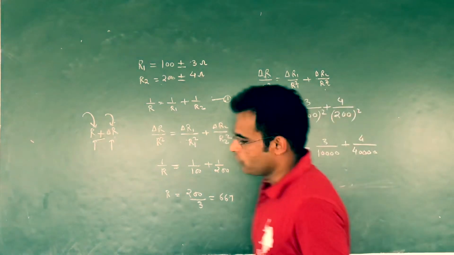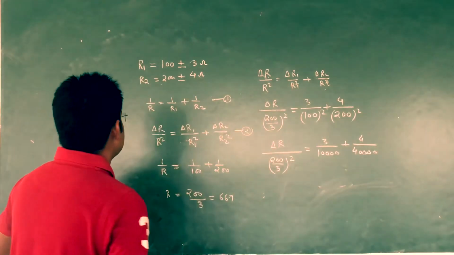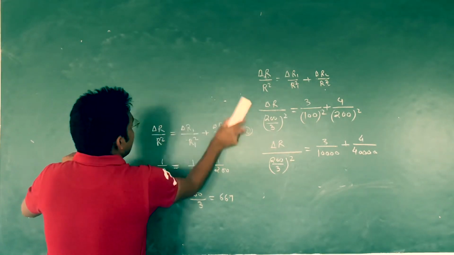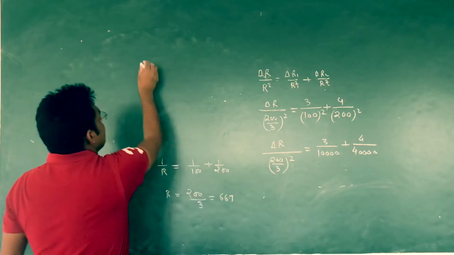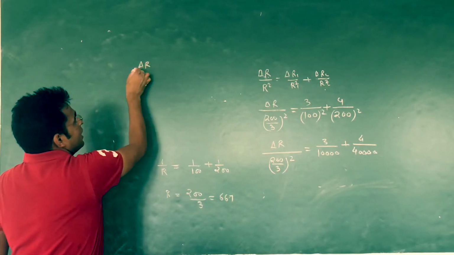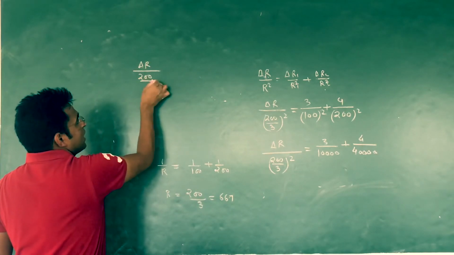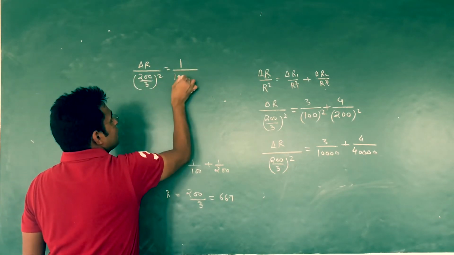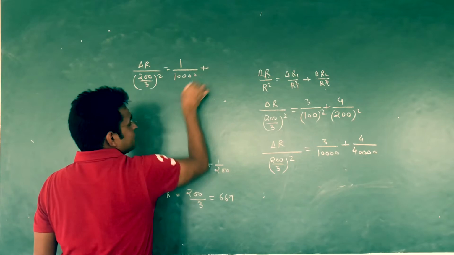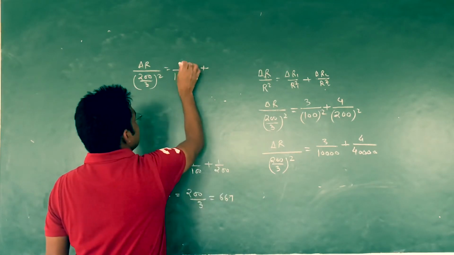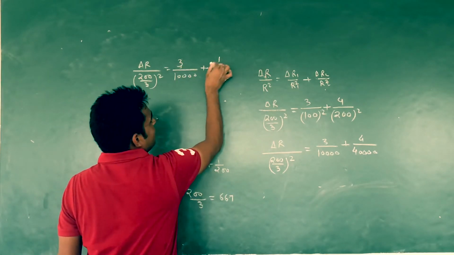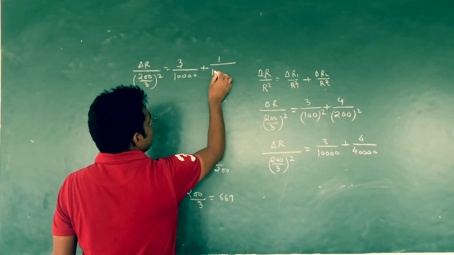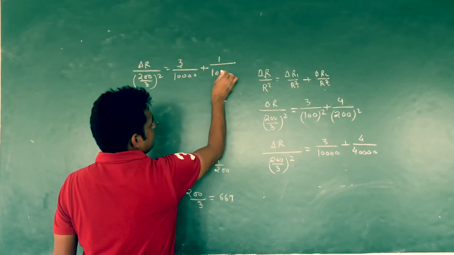So basically what I get finally here: delta R divided by 200 by 3 squared is equal to 1 divided by 10,000 plus, sorry, this is 3 divided by 10,000 plus 1 divided by 10,000.